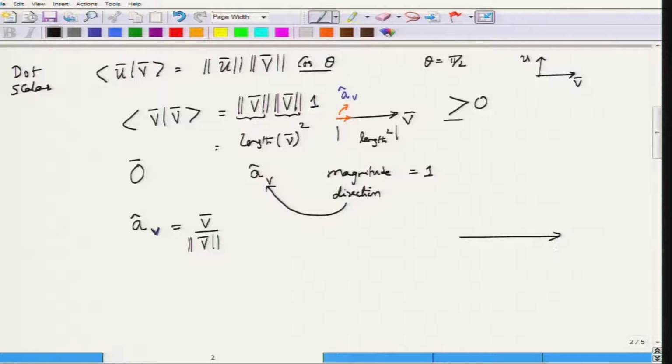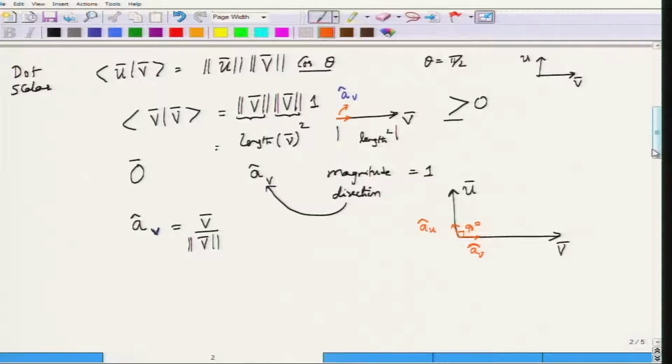When the two vectors v and u are perpendicular, the corresponding unit vectors, v hat and u hat, are also perpendicular to each other. So, the unit vectors along the direction of the original two perpendicular vectors will also themselves be perpendicular.